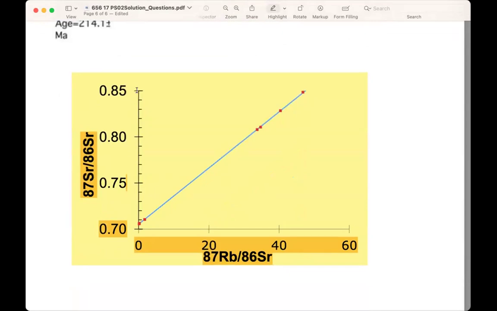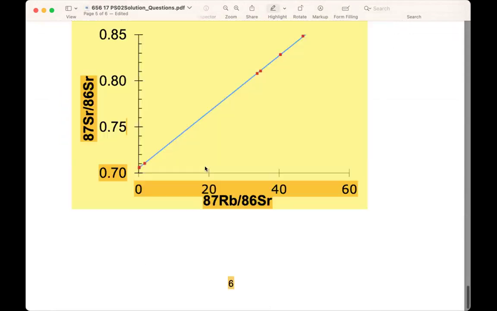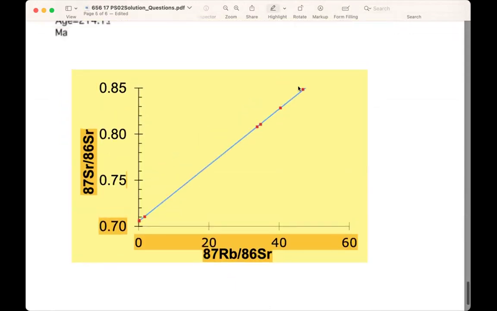But you have to do the manual plotting for this data, and most probably you will get a very good isochron, because you see here, according to the program plotted ones, they are plotting exactly on the same line. The regression line is the same, so you might also be able to draw the best fit line along all these points, right? So in that case, the age should be very precise.